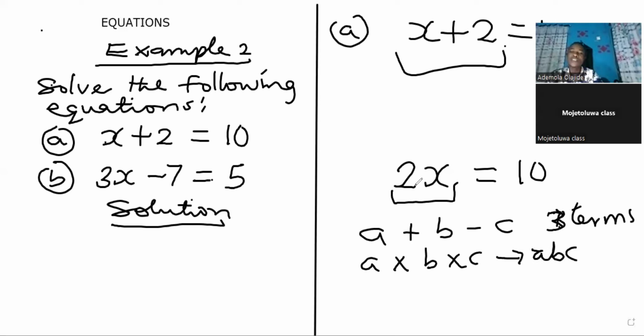Under multiplication, they are not like terms. If it is addition or subtraction, they will remain as 3 separate terms. But A times B times C, from what we did before, will give us ABC, and ABC has come together as a single term, a single value.